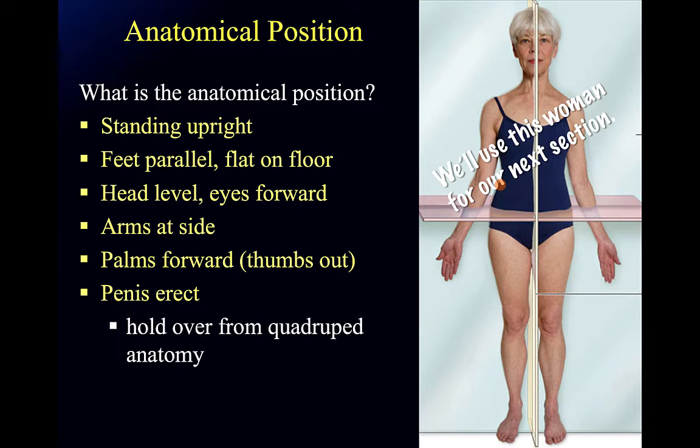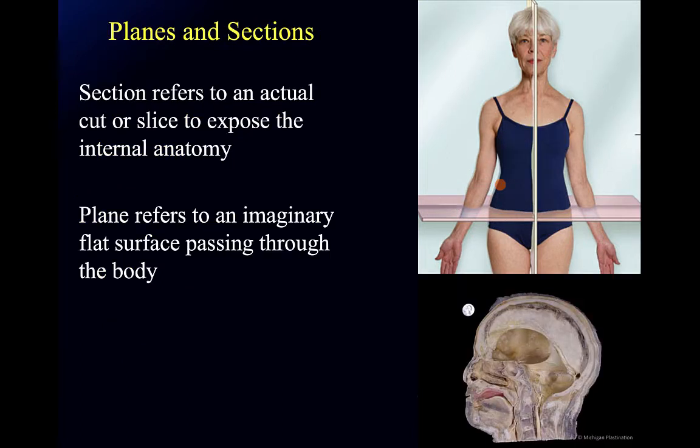And we need to know which of those is on the posterior and which of those is on the anterior surface. And we hold over terminology from quadrupeds, 4-legged animals. And that kind of means that in the flaccid penis, the tissues that face forward or ventrally are actually the dorsal tissues, the tissues that would face towards the back in, say, a dog or a horse.